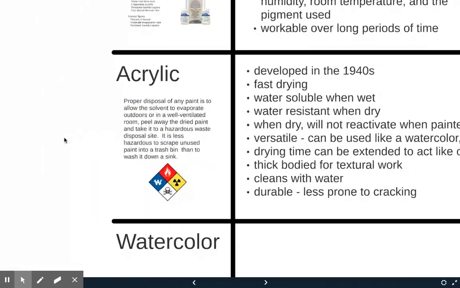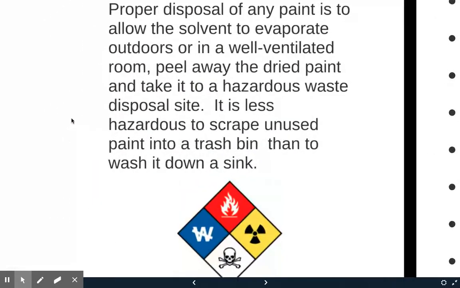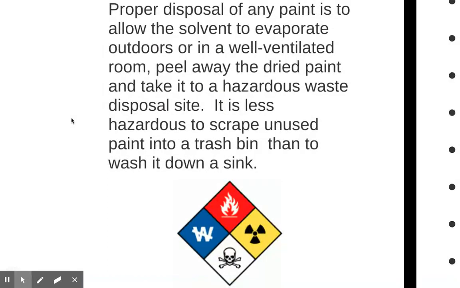Let's look at this. Proper disposal of any paint is to allow the solvent, so water or mineral spirits or turpentine, to evaporate outdoors or in a well ventilated room. When it is thoroughly dried, peel away the dry paint and take it to a hazardous waste disposal site.